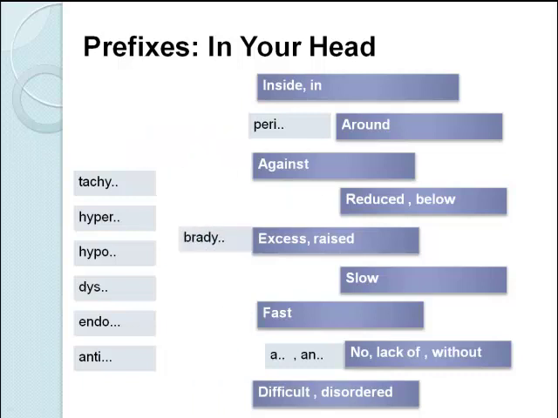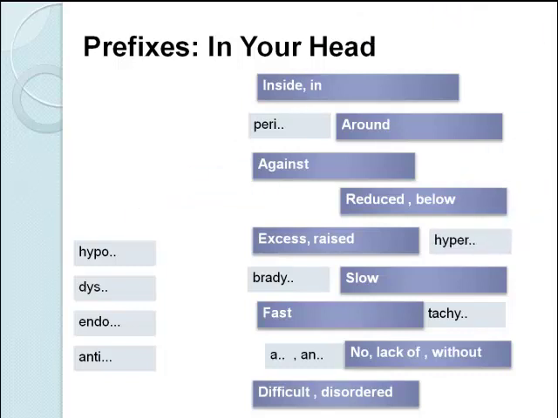Brady means slow. So if a patient has bradycardia, they would have a slow heartbeat. Tachy means fast. So if you have tachycardia, it'd be a fast heartbeat.